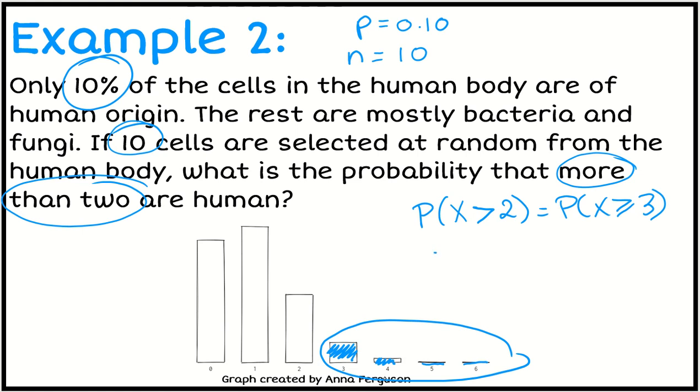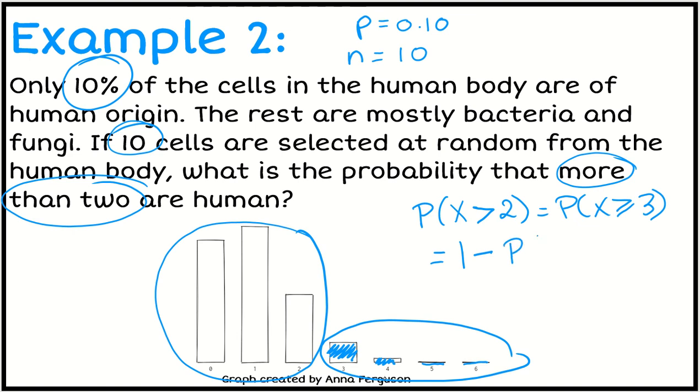Now, an alternative that might be useful is that all of that tail added together plus the other side, the whole distribution together, has to add up to 1. So if I subtract this part from that, I would get the same answer.